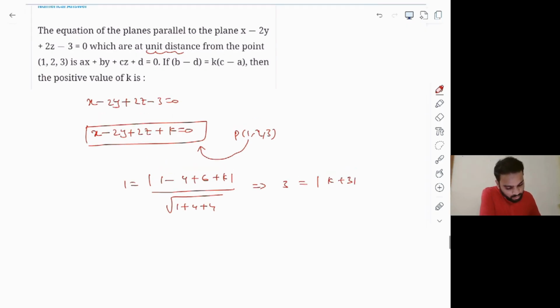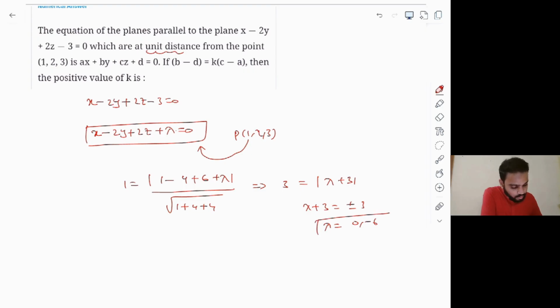Let's take it as lambda in this plane equation, because in the question a constant k is already involved. Let me take the constant in the plane as lambda just to avoid the confusion. So this is modulus of lambda plus 3 is equal to 3. From which you get lambda plus 3 is equal to plus or minus 3. That is, lambda is equal to either 0 or minus 6.